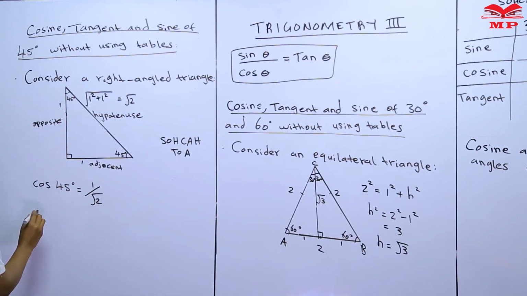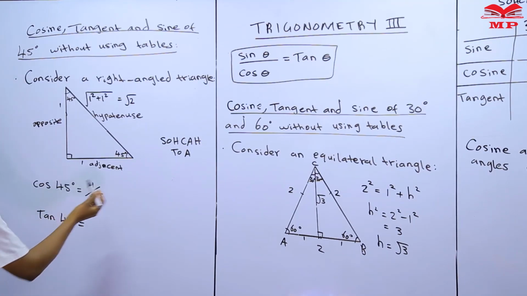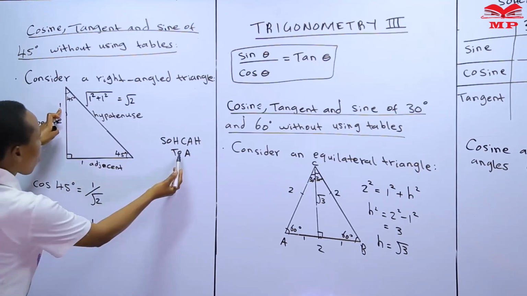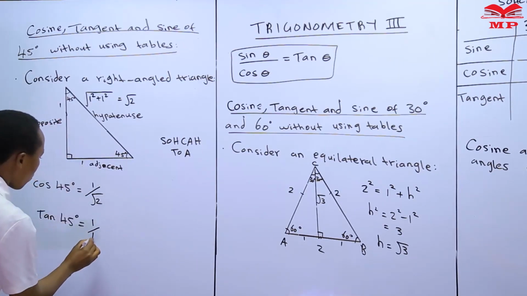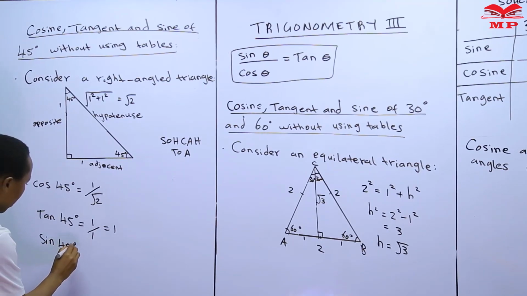Then if you want to get the tan of 45 degrees, we have the opposite, which is 1, all over the adjacent, which is 1. 1 over 1 is 1. Then finally, we have sine 45 degrees.